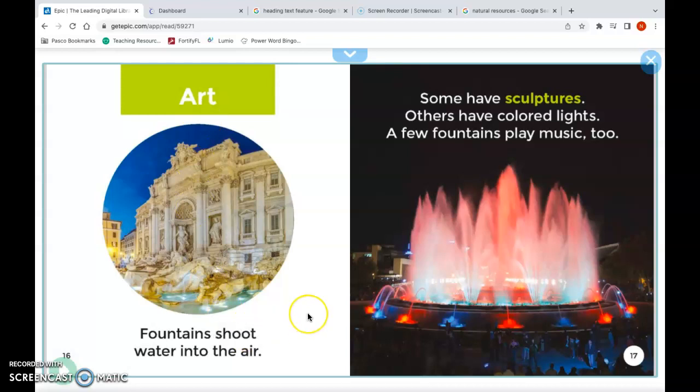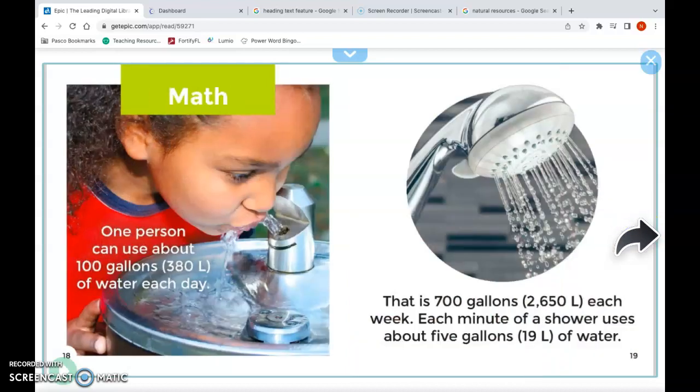So let's go ahead and read. Fountains shoot water into the air. Some have sculptures, others have colored lights. A few fountains play music too. Oh, friends, I see another heading on this page. Go ahead and point to that heading. You are correct, the word math up here. So I have a feeling we are going to hear some numbers that have to do with our water.